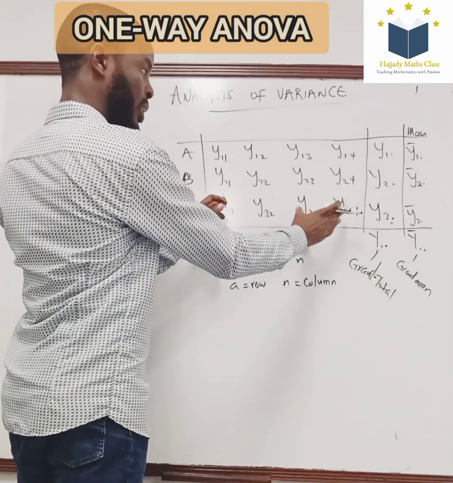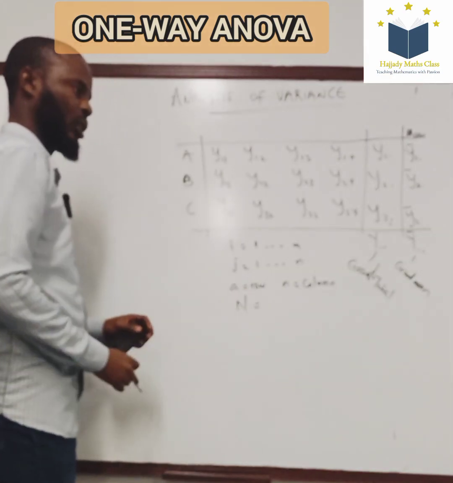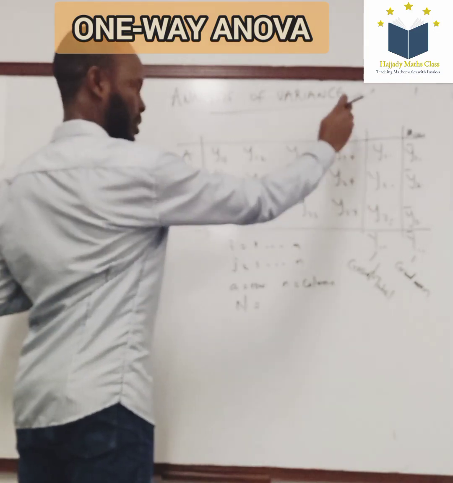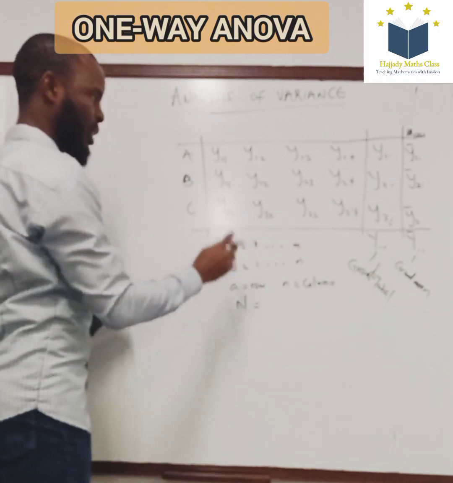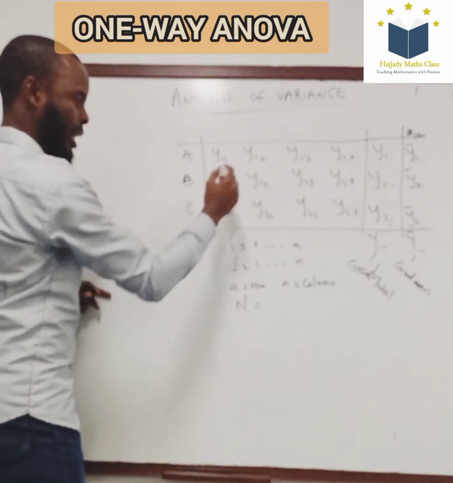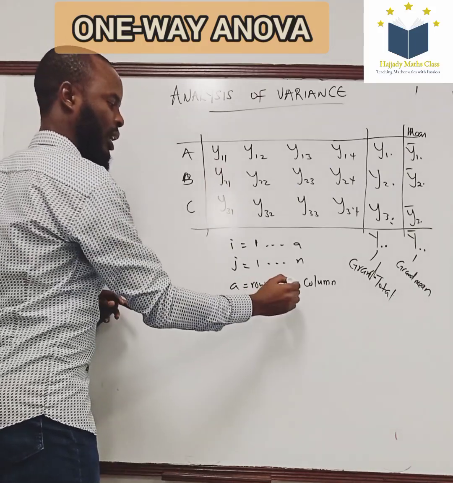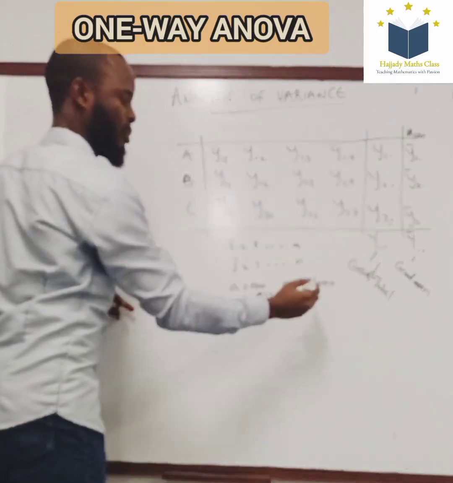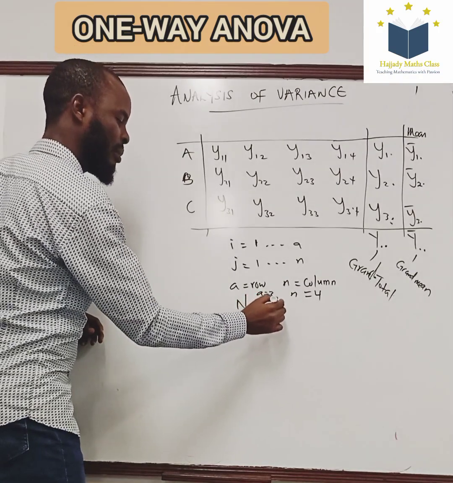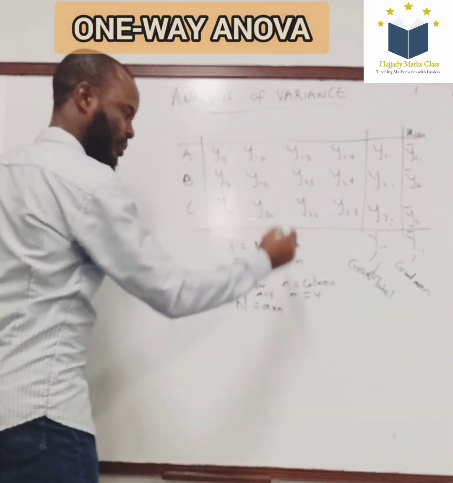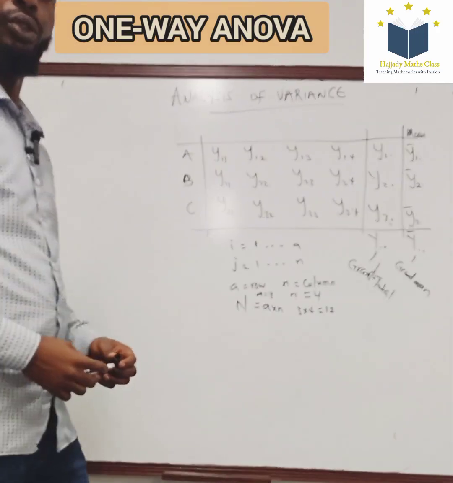If you want to know the total units, let me call that capital N, it is the number of rows times number of columns. We have 3 rows multiplied by 4 columns. In this experiment, A is 3 and n, the column, is 4. So my N is A multiplied by small n, which is 3 times 4, which is 12 units.